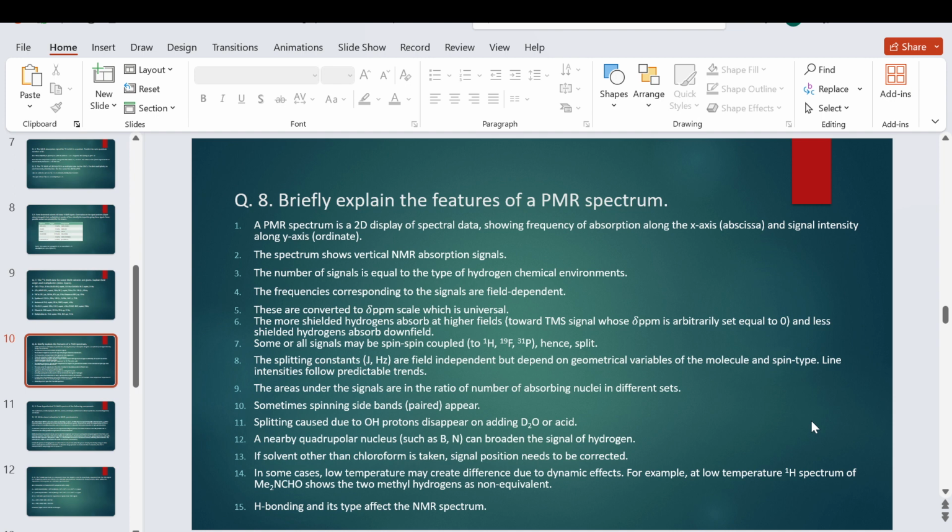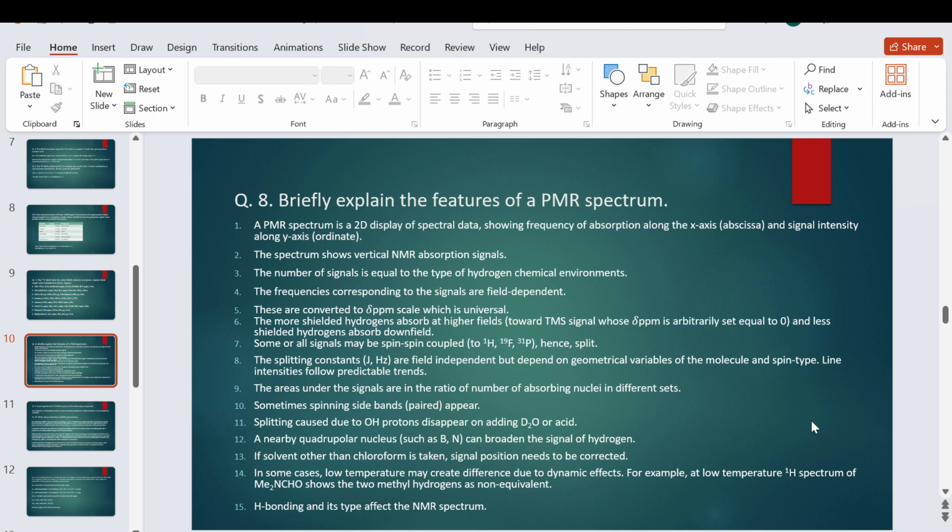Briefly explain the features of a PMR spectrum. We must have looked into so many spectra. The noteworthy features are: first, a PMR spectrum is a 2D display of spectral data showing frequency of absorption along the x-axis, abscissa, and signal intensity along the y-axis, ordinate. The spectrum shows vertical NMR absorption signals.